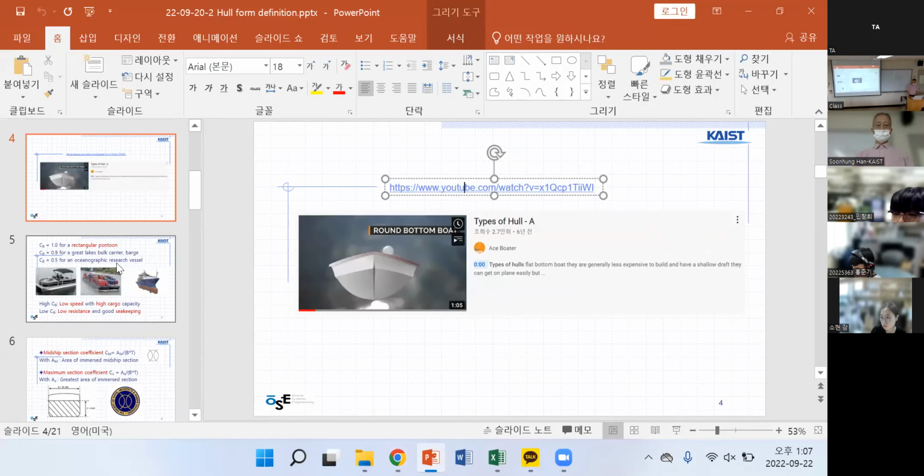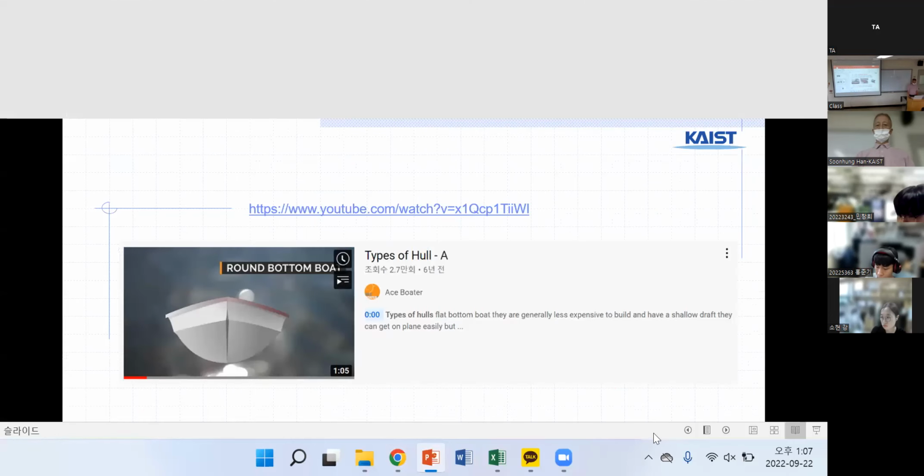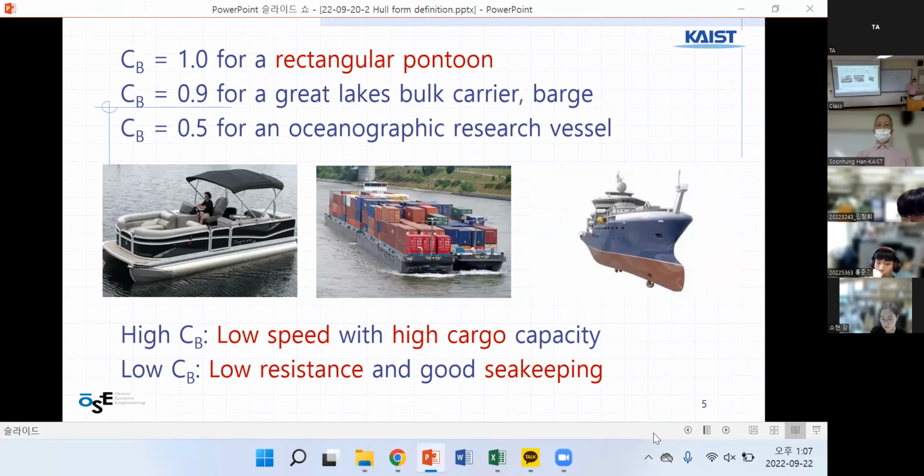Type of hull and CV. Okay. So CV value is 1.0 for a rectangular pontoon or barge. Here, you see the barge. The ship here is almost box shape.